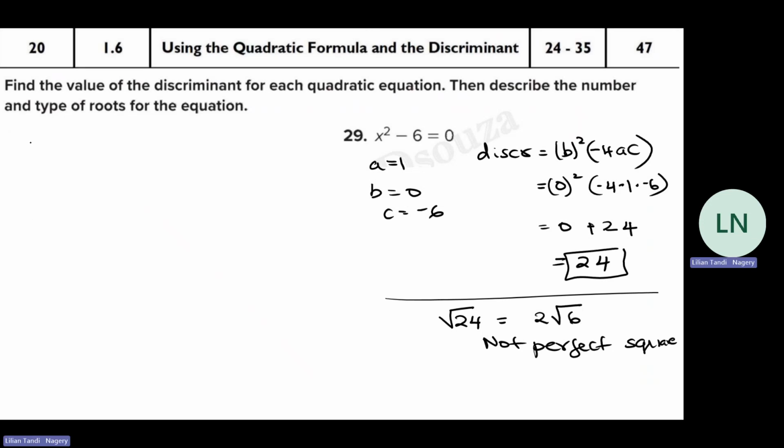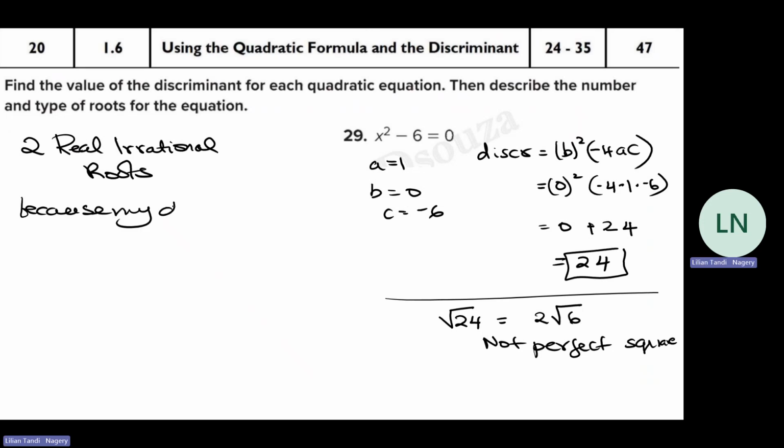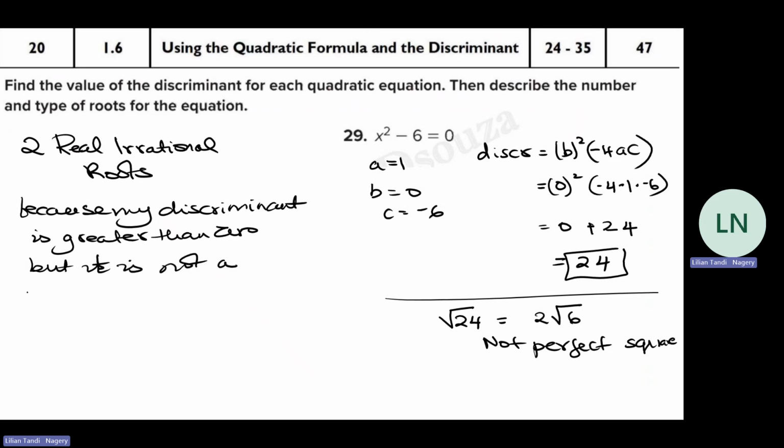So you're going to write here 2 real irrational roots because my discriminant is greater than 0, but it is not a perfect square.